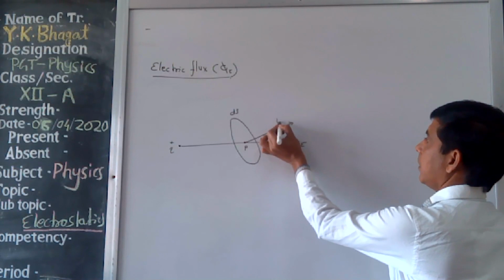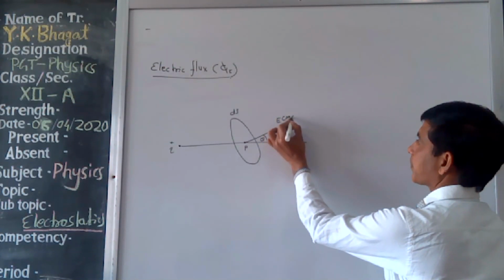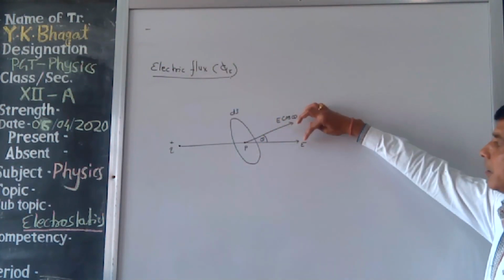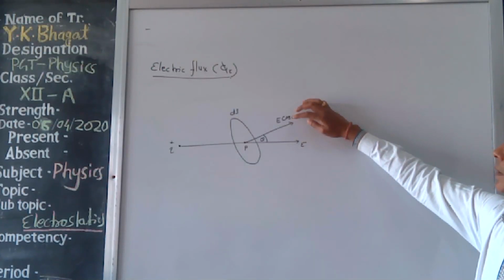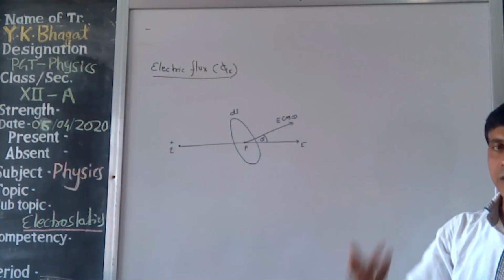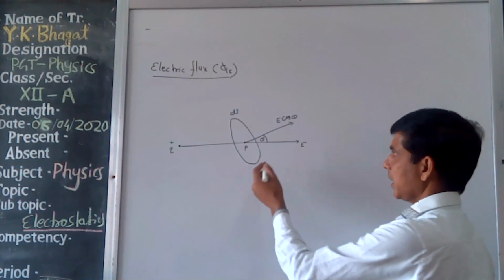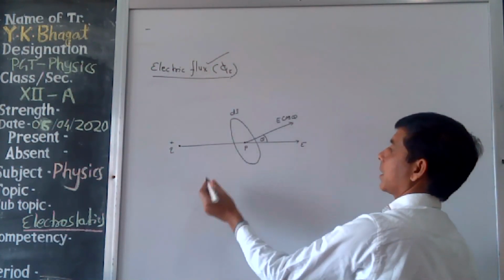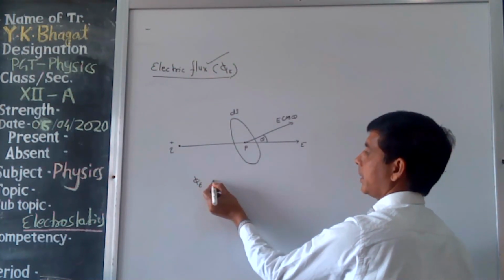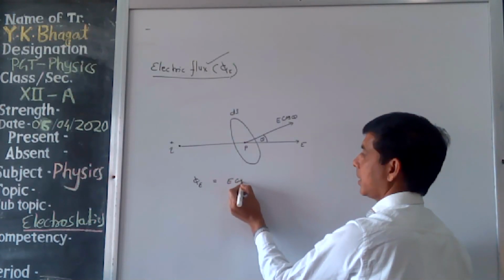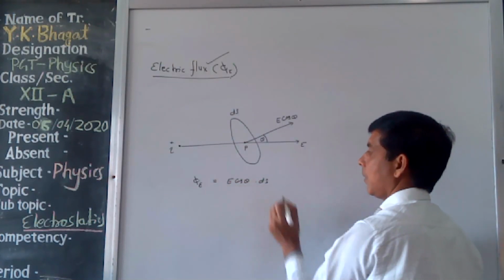Then it will be E cos theta. Why cos theta? E is resolved into two perpendicular components, E cos theta and E sin theta. Therefore, according to the definition, electric flux can be written as E cos theta into dS. Why?